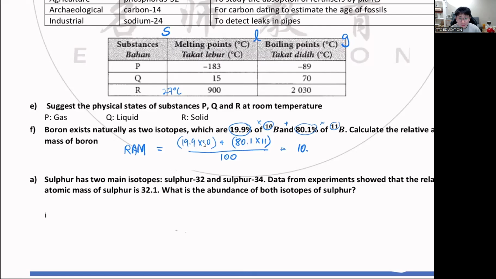If you do the maths, this one is 199, this one is 800 plus, so in total you get 1,000 plus. And you divide by 100, you get 10.801, if I'm not mistaken. But of course, you can just give 10.8, it's fine also. Is it 10.8? I don't know. Later I press the calculator also. Oh, you typed wrong, so my answer is correct. Okay, good.